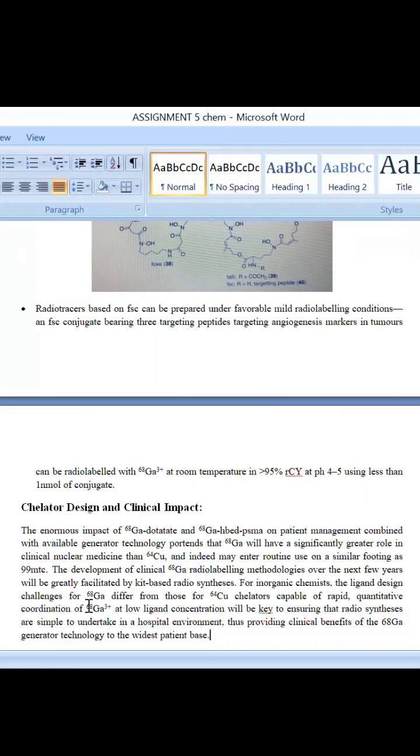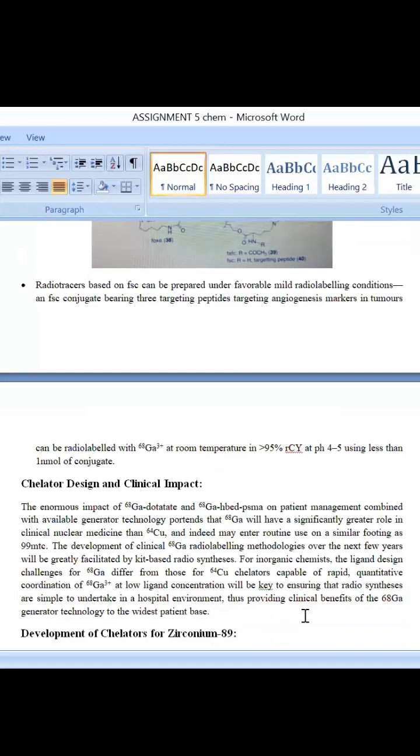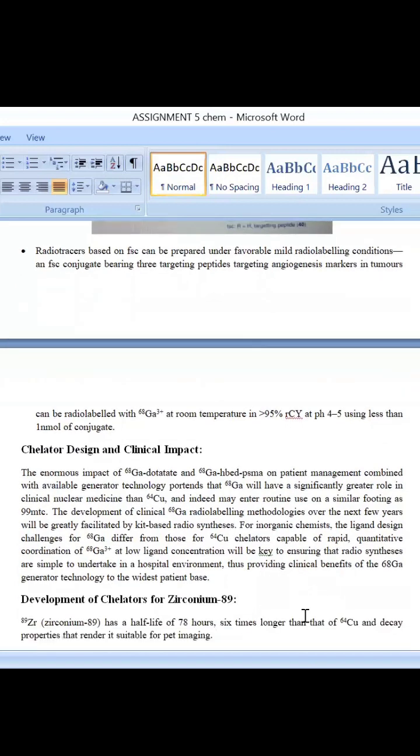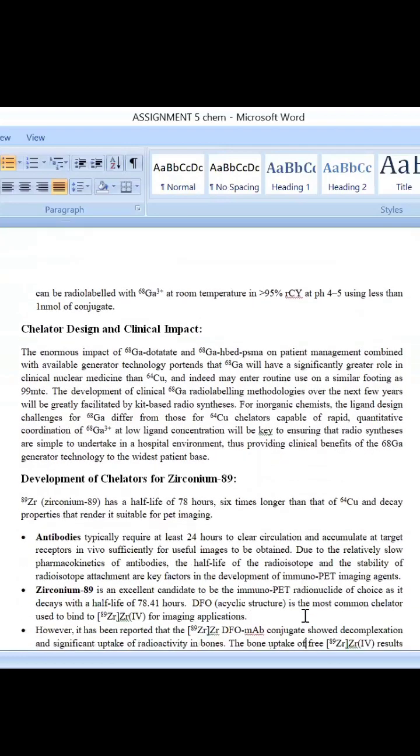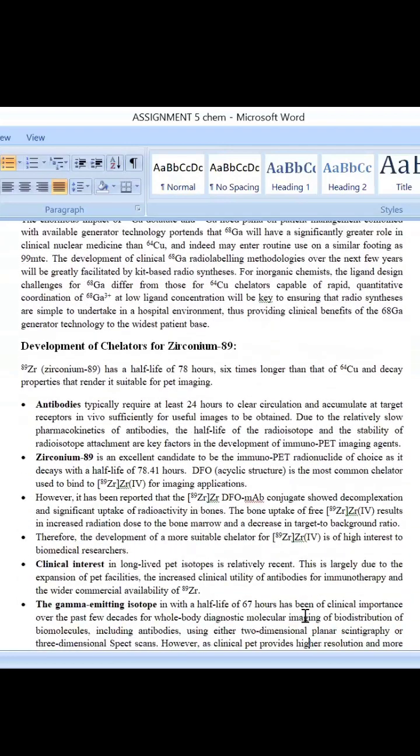For inorganic chemistry, the ligand design challenges for gallium differ from those for copper-64: a chelator capable of rapid quantitative coordination of gallium-68 3 positive at low ligand concentration, to ensure that radiosyntheses are simple to undertake in a hospital environment, thus providing clinical benefits of the gallium-68 generator technology to the widest patient base. Next is development of chelators for zirconium-89.